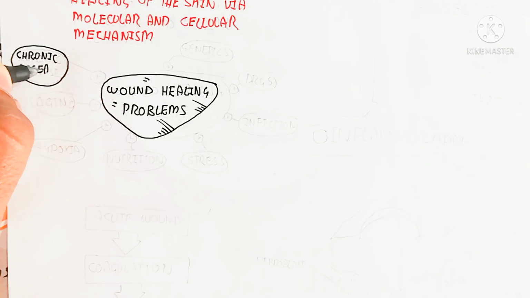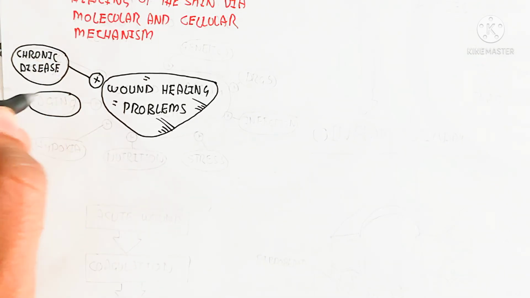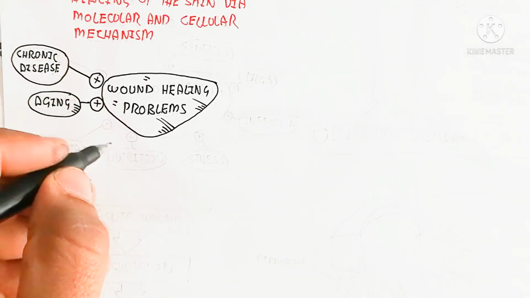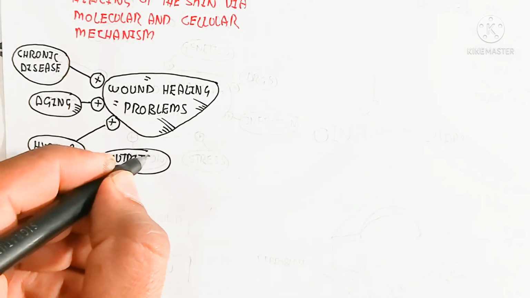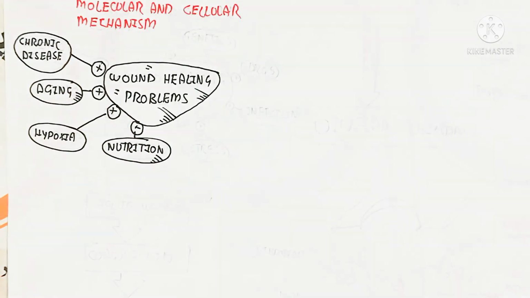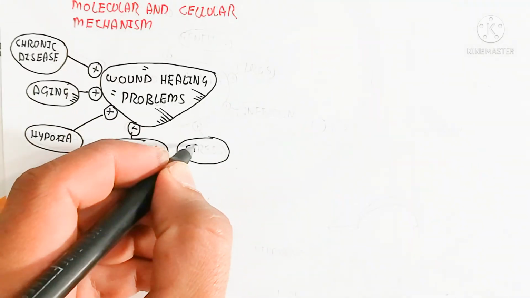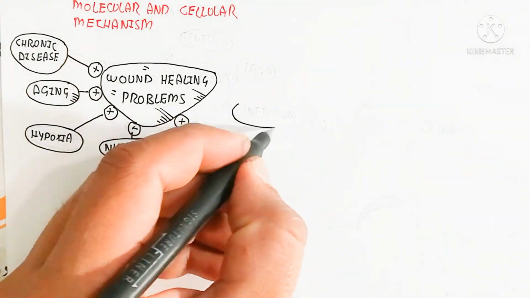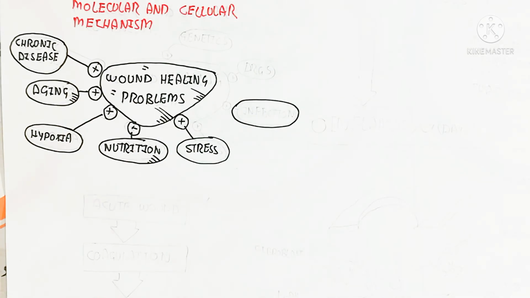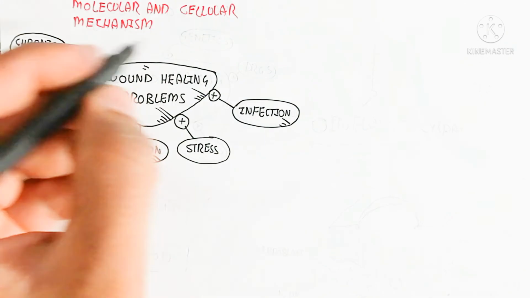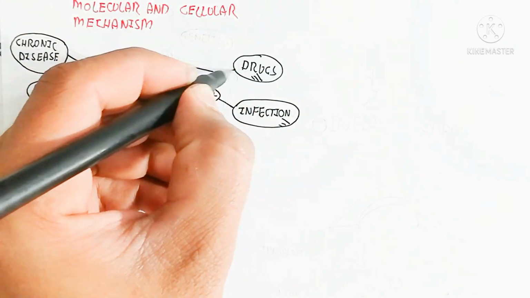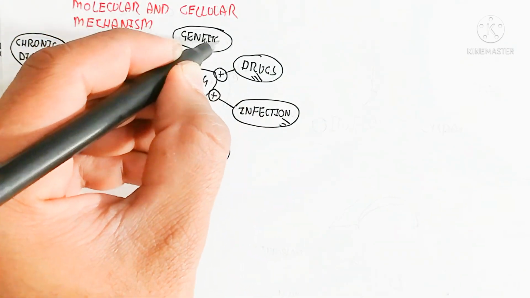The important thing is that when the barrier is damaged, the organism promotes healing of the skin via molecular and cellular mechanisms. Wound healing problems can occur through chronic disease, aging, hypoxia, nutrition, stress, infection, drug use, and genetics.